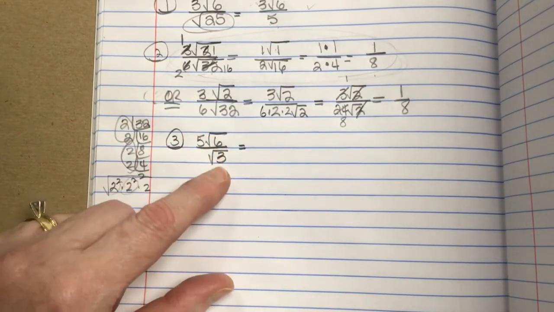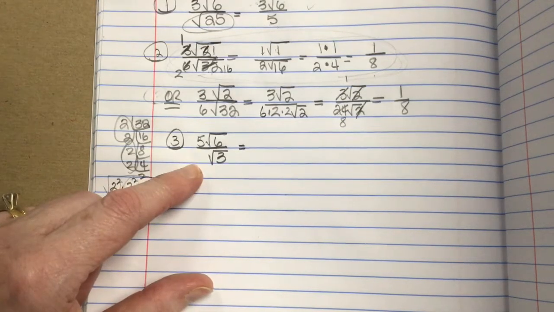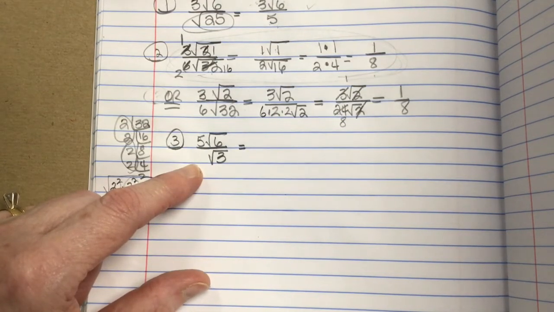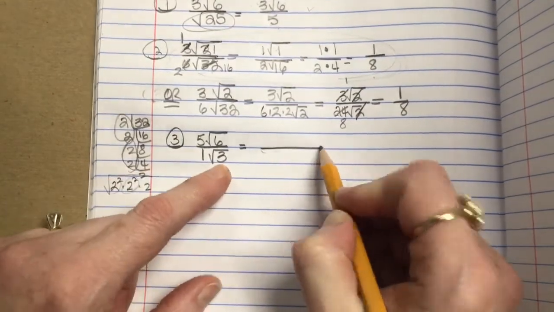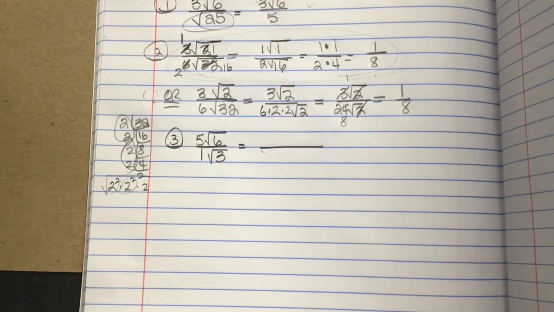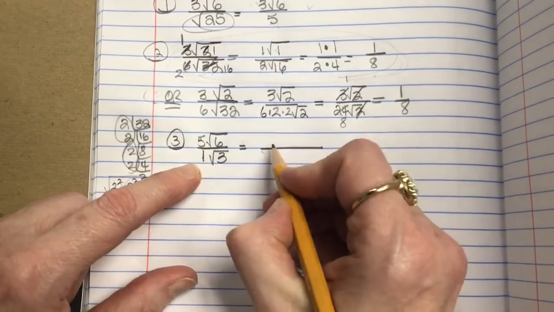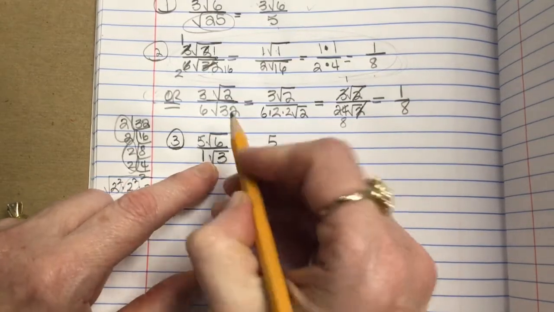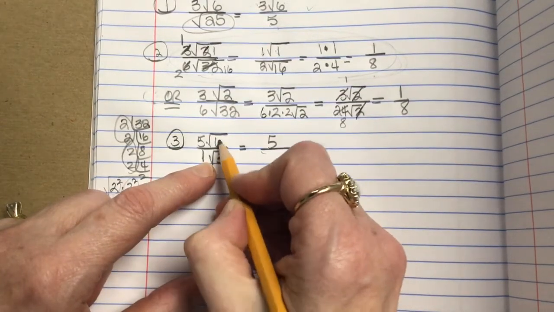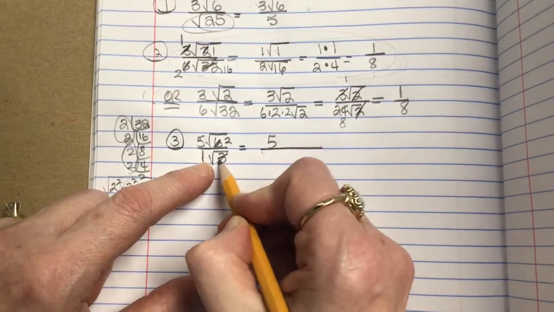It won't break down. 3 won't break down. What's the number in front of that square root? What's the rational number in front of that? A 1. Okay, and remember, that's not simplified because you can't have the square root of 3 on the bottom. That's what you've got to get rid of. So 5 over 1 is just 5. And what about the square root of 6 and the square root of 3? 3 goes into 6 2 times. 3 goes into 3 1 time.